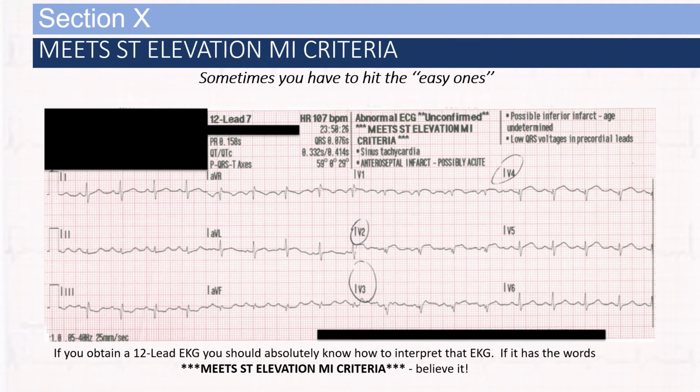If you have selected the 12-lead EKG function on your cardiac monitor, and the cardiac monitor prints out a copy of the EKG, and it reads, meets ST elevation MI criteria, there is a very high likelihood that this person is experiencing a STEMI. You should alert the receiving facility, and you should send them a copy via telemetry.